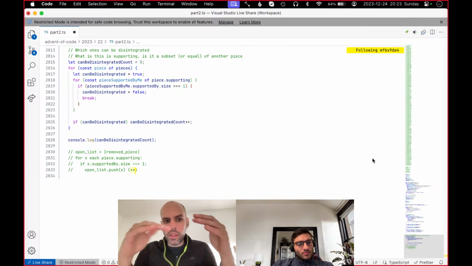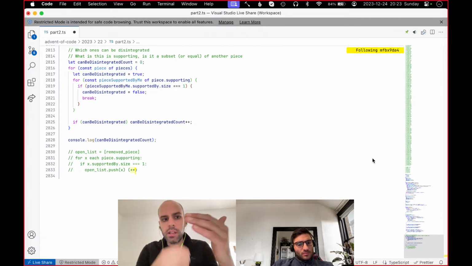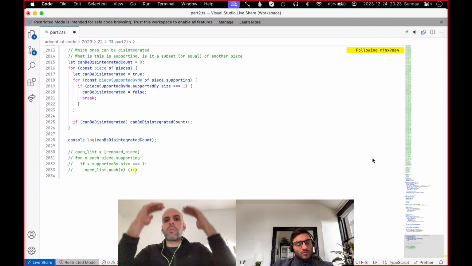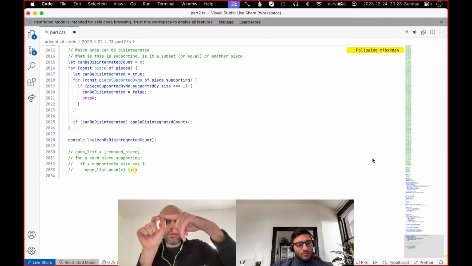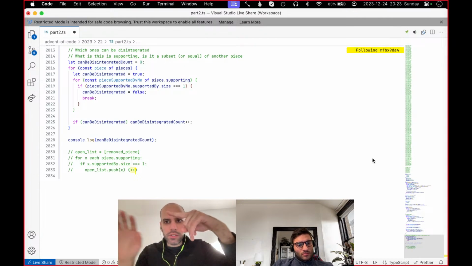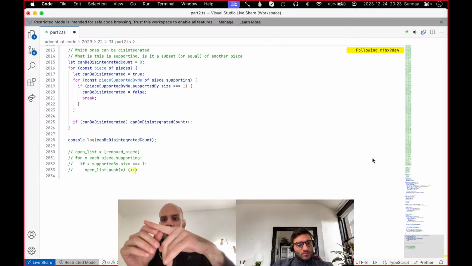We don't care if a piece has fallen because the one below has been eliminated or the one below falls itself. So what you could do is go from top down and then answer the question: if I remove this piece, will the one above fall? If so, then add 1 to the result, ultimately.